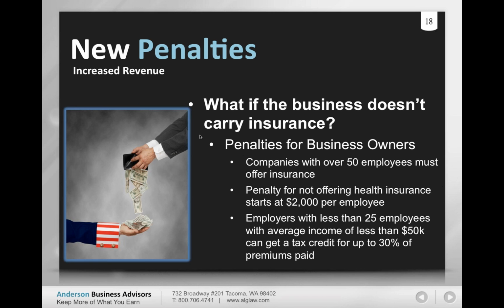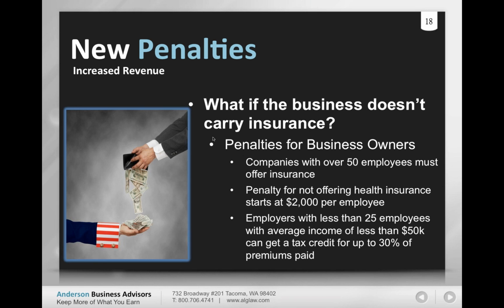Now, with regard to my penalty, if I do not offer health insurance for my employees, I'm penalized as a business $2,000 per employee. So one of the things that we're kind of worried about is what happens if you currently sit at 51 full-time employees? What do you do? Well, the first thing that you look at is, can I reduce someone down to part-time status?